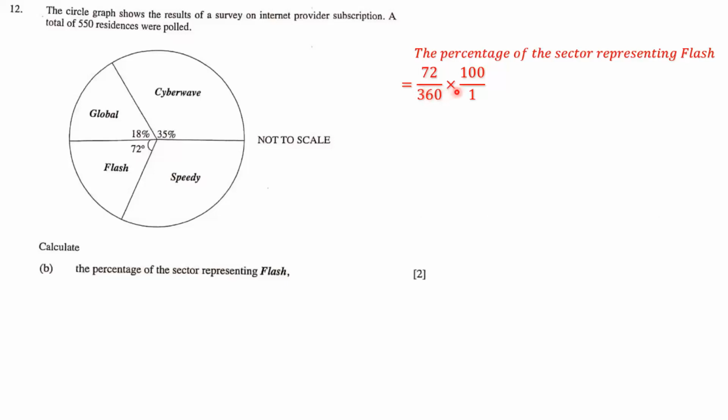But we want to change that into a percentage, so we have to multiply by 100. So we have 72 multiplied by 100, that's going to be 7,200. And then we have 360 multiplied by 1, which is 360. So 7,200 divided by 360 is going to be 20. And so the percentage representing Flash is going to be 20%.